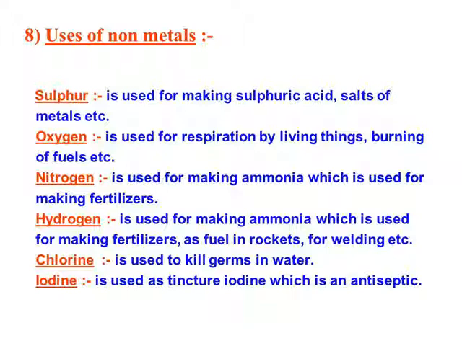Hydrogen is used for making ammonia, which is used for making fertilizers, as fuel in rockets, for welding, etc. Chlorine is used to kill germs in water. Iodine is used as tincture iodine, which is an antiseptic. So these are a few examples where we make use of non-metals in our day-to-day life.